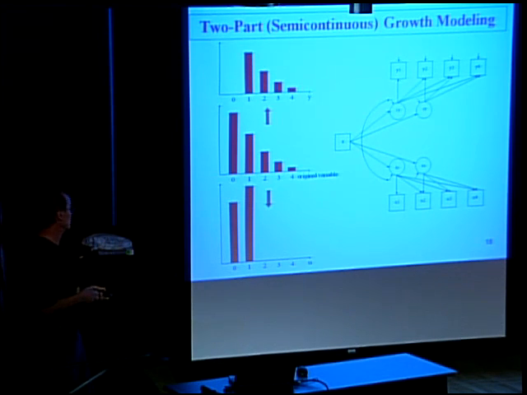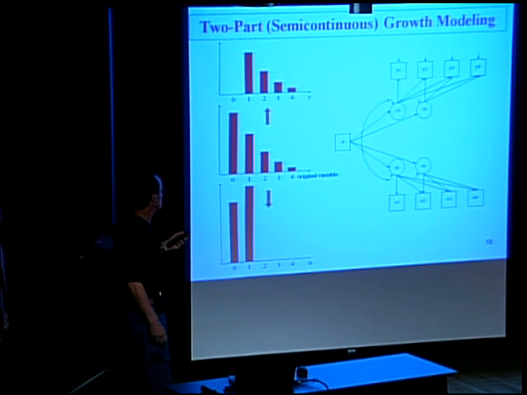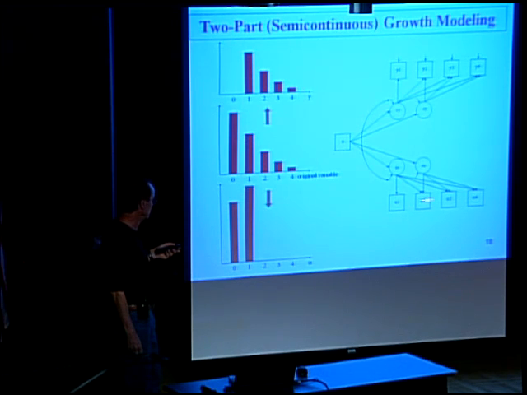So that can then be represented as a parallel process growth model. So you have the binary part down here. So the U's in Mplus notation are categorical variables, in this case dichotomous, binary. And you have a growth model, say a linear growth model, for the development of the probabilities over time.